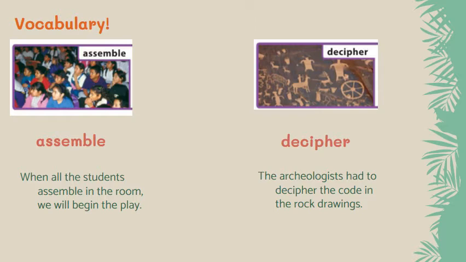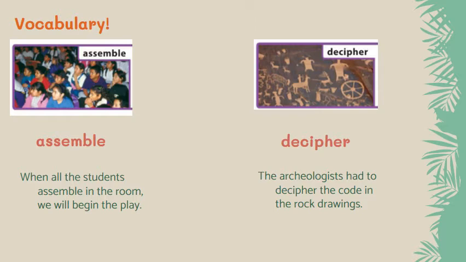Decipher. The archaeologists had to decipher the code in the rock drawings. If you know that long ago they used the drawings to contact with each other. So they didn't use letters or language, they used the drawings. So nowadays archaeologists have to decipher these drawings, okay?